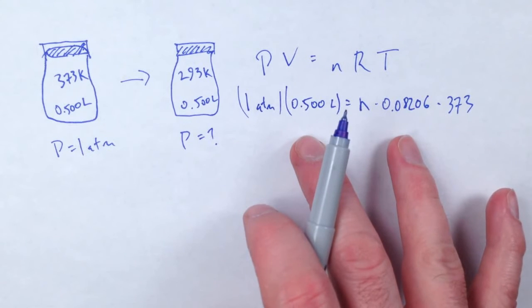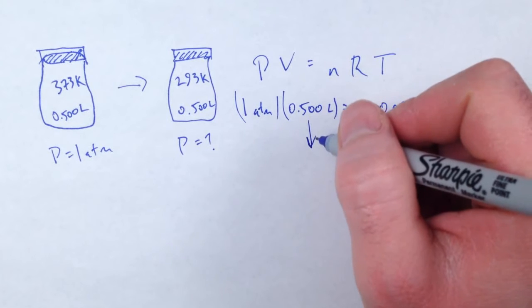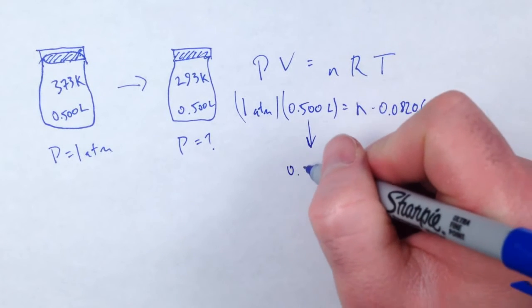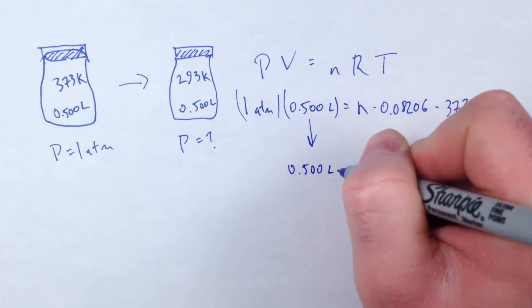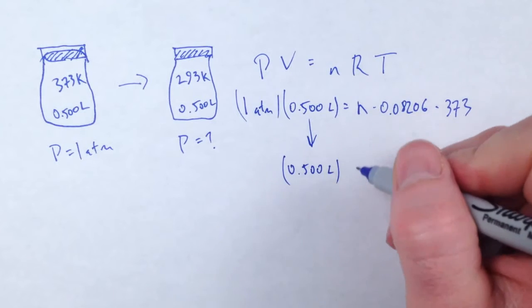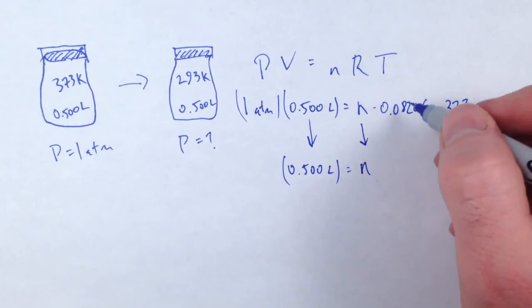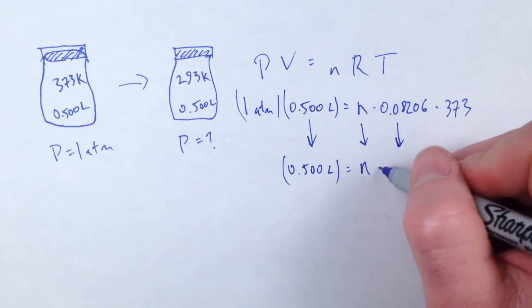What are all the things that are the same? The volume stays the same. It's a jar. It's not going to flex. So the volume is still 0.5 liters. None of the gases escaped, so n is still the same. This is a constant.